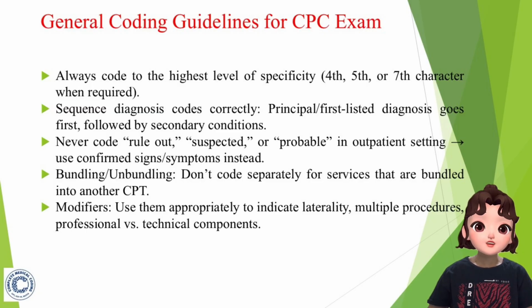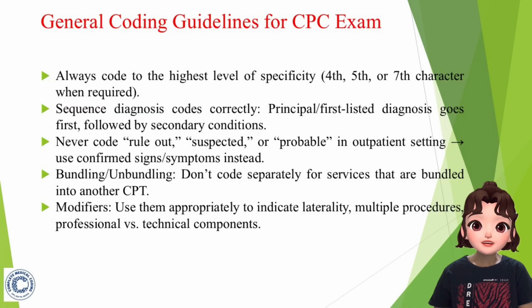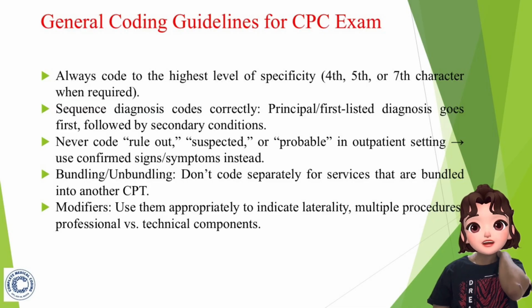For example, if the doctor is suspecting pneumonia or putting in a test to rule out pneumonia, you should not code pneumonia. Only if it is confirmed do you code it. If there is no confirmed diagnosis, you code only the signs and symptoms, which should be taken from the R codes.